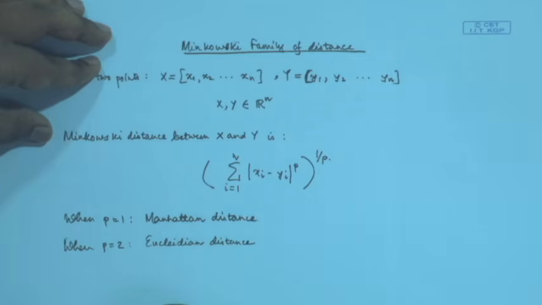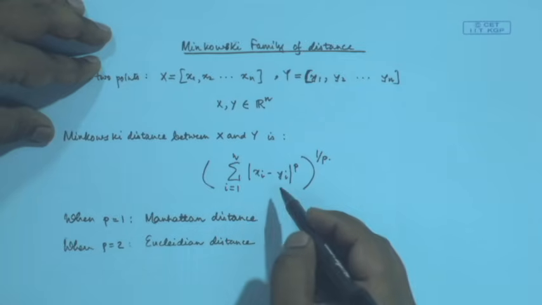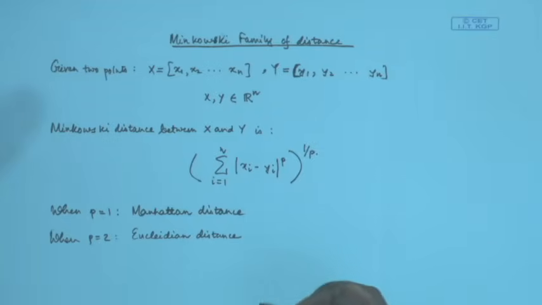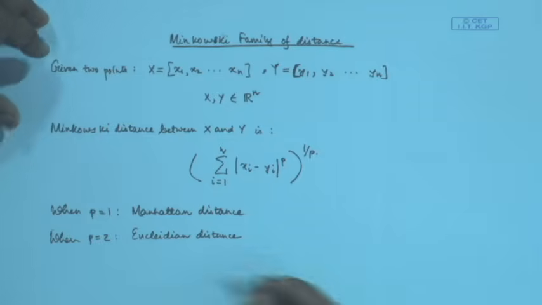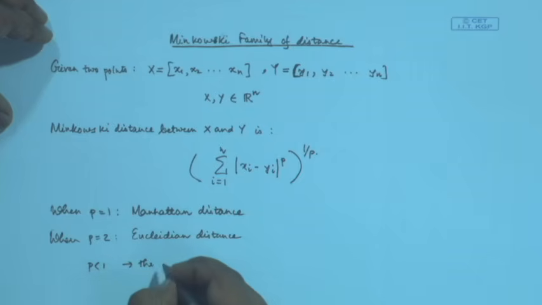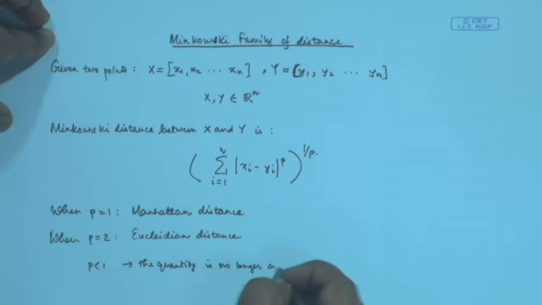So this is quite straightforward, right? For p equal to 2, this is what you would be doing most of the time. This is the distance between two points in the Euclidean space, the normal coordinate geometry distance. And for p less than 1, the quantity is no longer a distance metric.